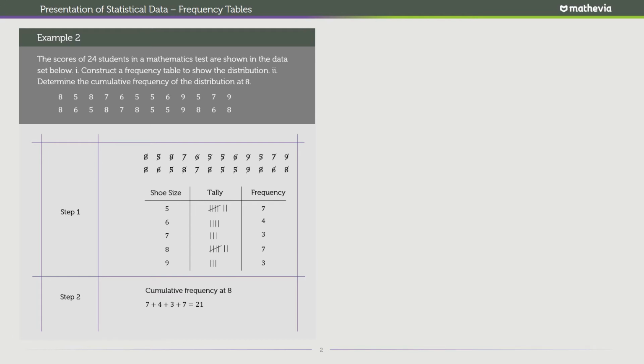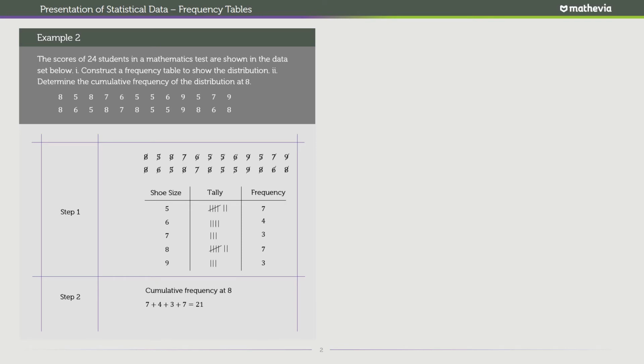If it asks for the cumulative frequency at score 7, you calculate all the frequencies up until 7, so you have 7 plus 4 plus 3. If it asks for the cumulative frequency up to score 6, you calculate 7 plus 4.